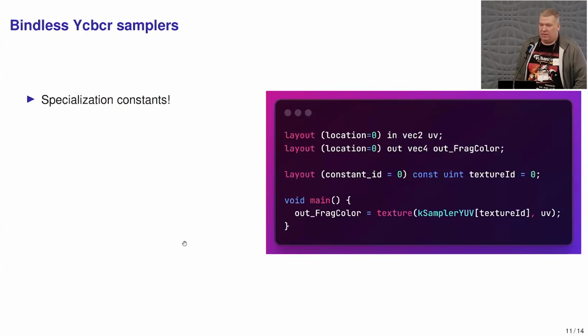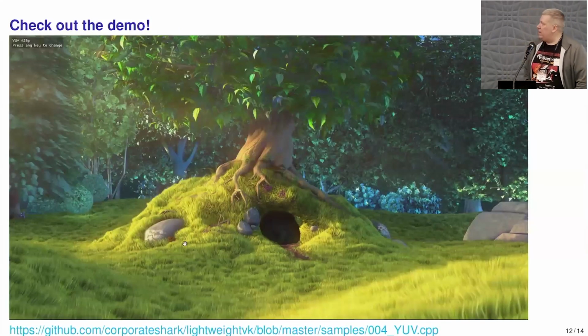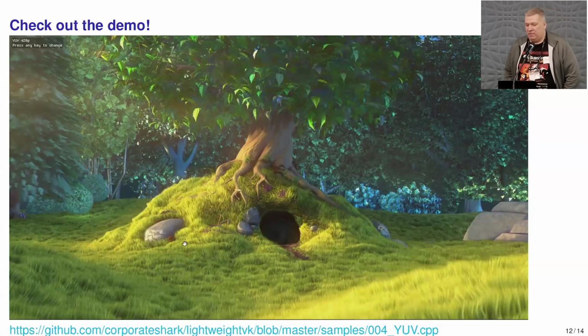And I guess if you ever try to combine bindless rendering with YUV samplers, this approach will save you at least a couple of days of debugging and work. All this is open source. We have a repository with an MIT license, which implements bindless Vulkan and does this video decoding, with some demos of how to do that.